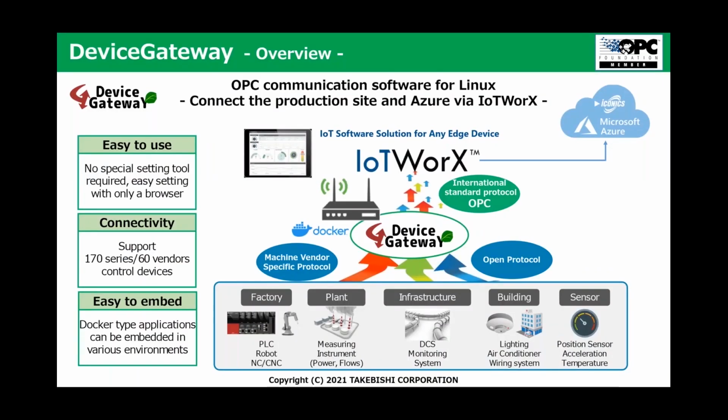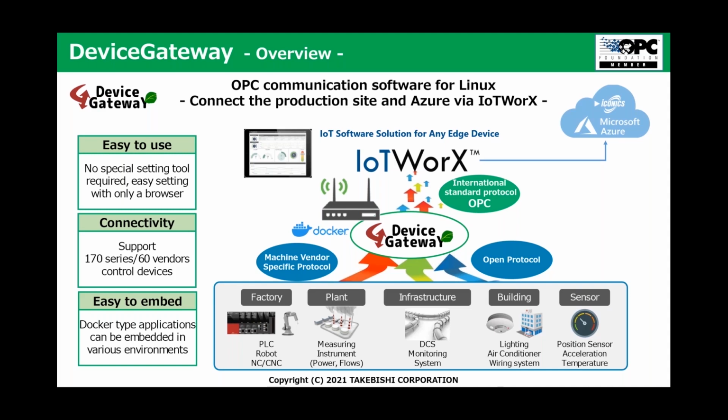If you look at this setup, it almost looks the same as the DXP server. Again, you see in the middle the device gateway, and it is a device gateway on Docker. Together with IoT Works, it can be used for embedded applications. It can be put in wireless edge hardware systems, as shown here.